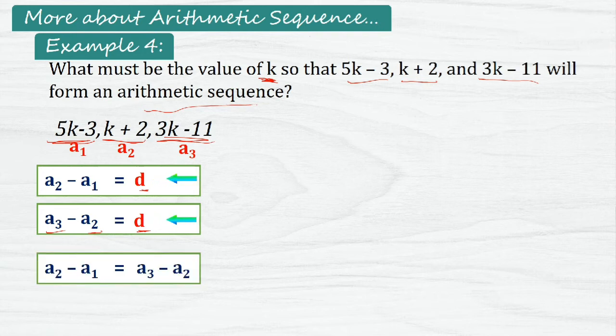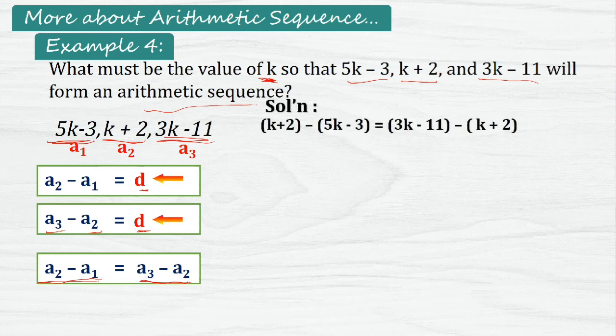A sub 2 minus a sub 1 is equal to a sub 3 minus a sub 2, because they are the same common difference. So, that's what we will do. And then, substitute. The a sub 2 is k plus 2. A sub 2 minus our a sub 1, 5k minus 3, equals a sub 3, which is 3k minus 11, minus the a sub 2, which is k plus 2. And then, distribute.